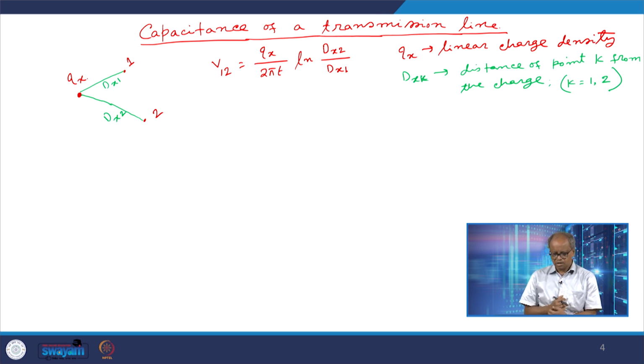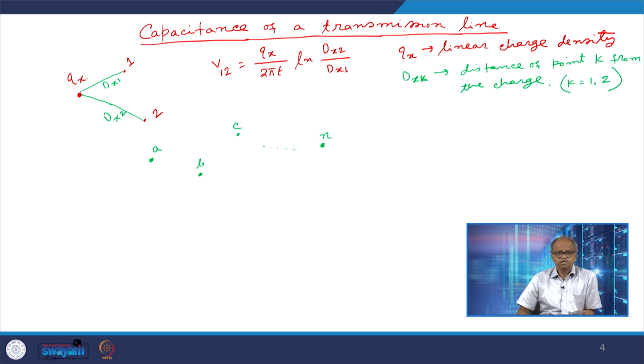Now let us see how I apply this concept for calculating the voltage distribution in any system. What we have to consider is that suppose I do have a set of charges A, B, C, and say N. So this is conductor A, or rather charge A, charge B, charge C, charge N. Of course, these are conductors and they are carrying current, so that means they are carrying charge.